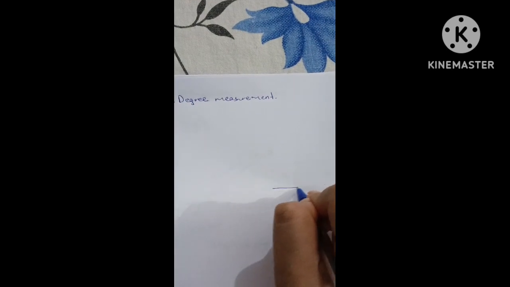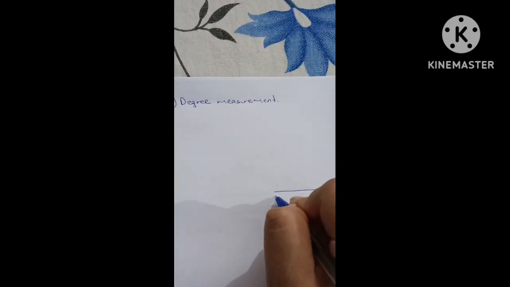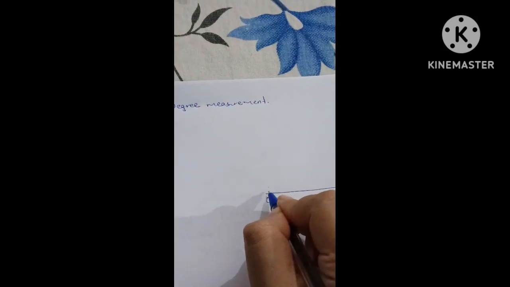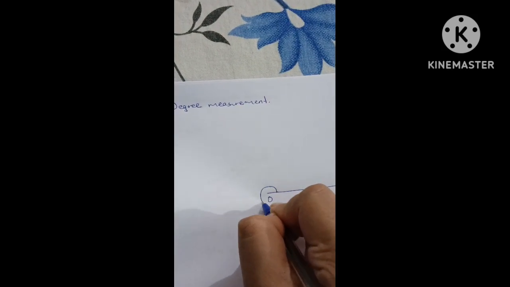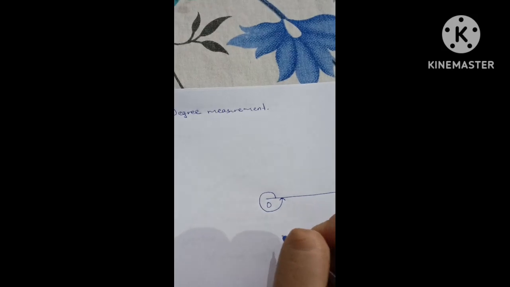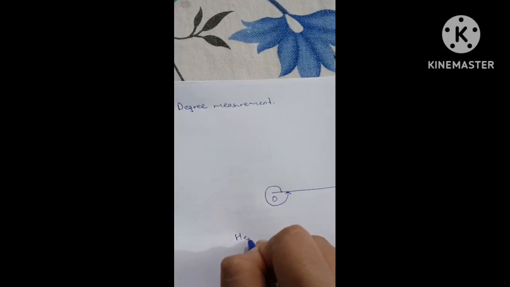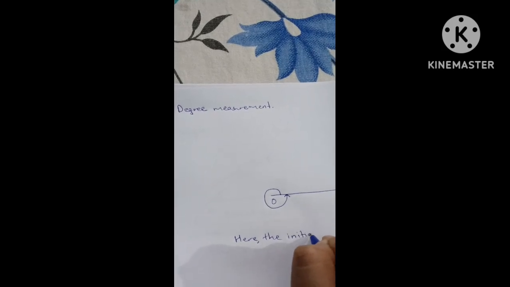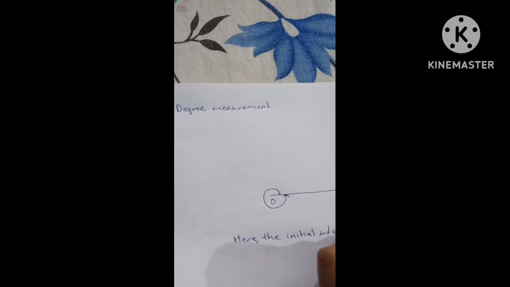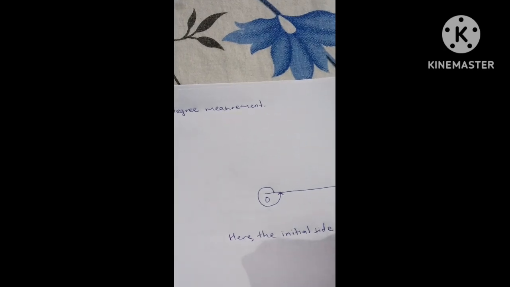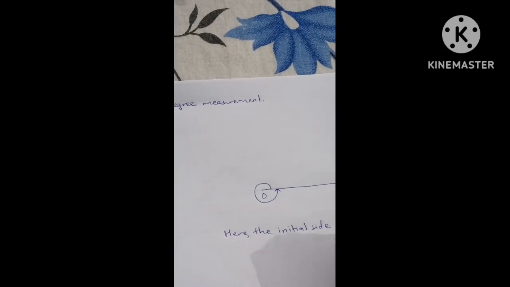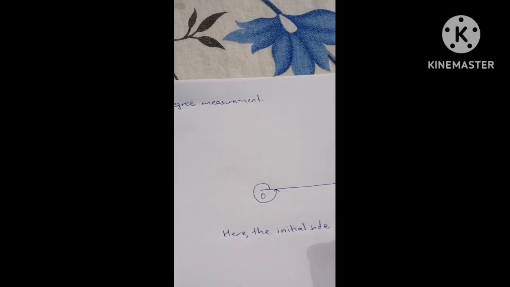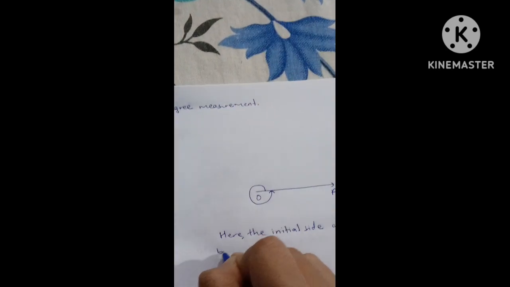Suppose there is a ray OA and we rotate this and bring it back to the same original position, so that the initial side and the terminal side both are same.